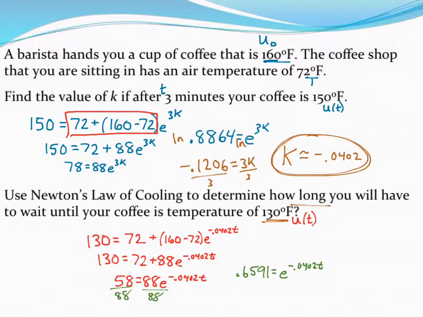And once again, to get rid of my base of e, I'll need to do the natural log, so let's take the natural log of both sides. This works out to be about negative 0.4169. Again, you can double check me on your calculator, of course. And then natural log of e cancels out, so negative 0.0402t. And finally, dividing by that constant, I get a time that it will take my coffee to cool off of approximately 10.4 minutes.